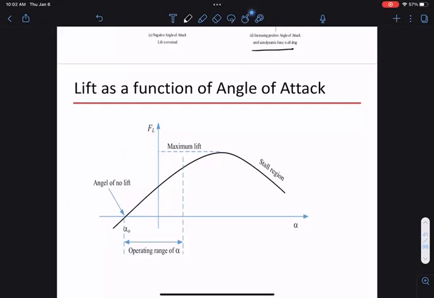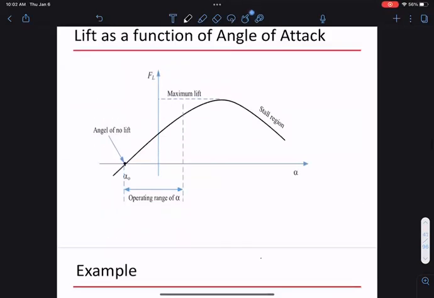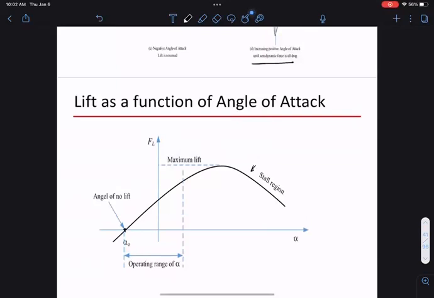There is some angle of attack where the lift is zero, there's no positive lift, but from this angle of attack to some very large number, I get some lift. As I vary this angle of attack, I change the amount of lift I can generate. This curve is normally an empirical curve, a curve fitted from data.